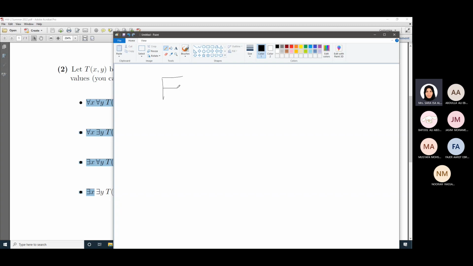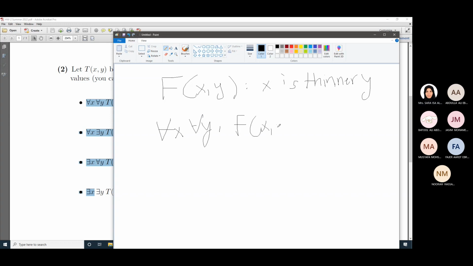I will say Pxy denotes that X is, instead of taller, thinner than Y. Then I give you for all X, for all Y, Pxy. How to write the solution for this one?